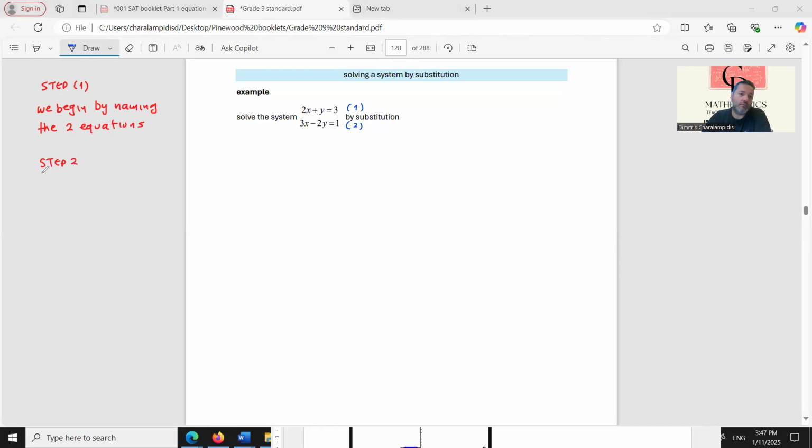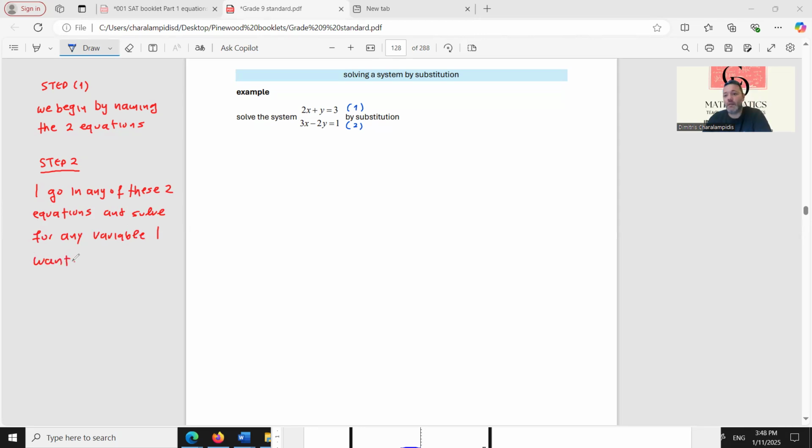In step 2, I go in any of these two equations and solve for any variable I want.